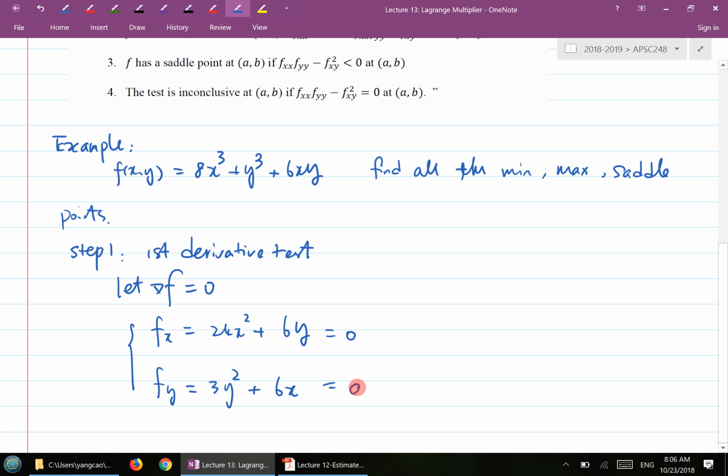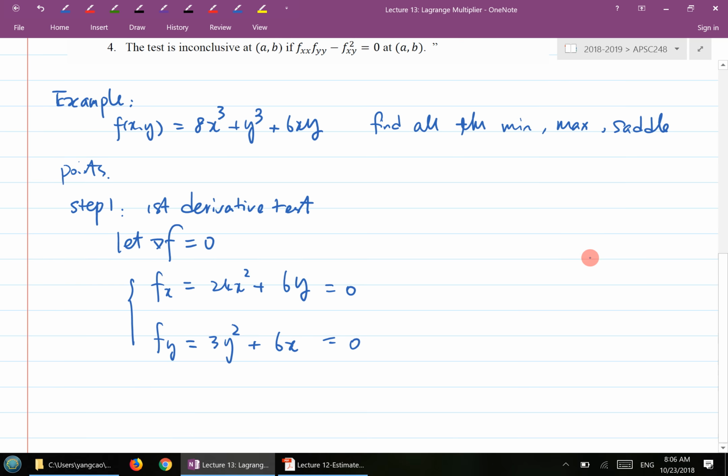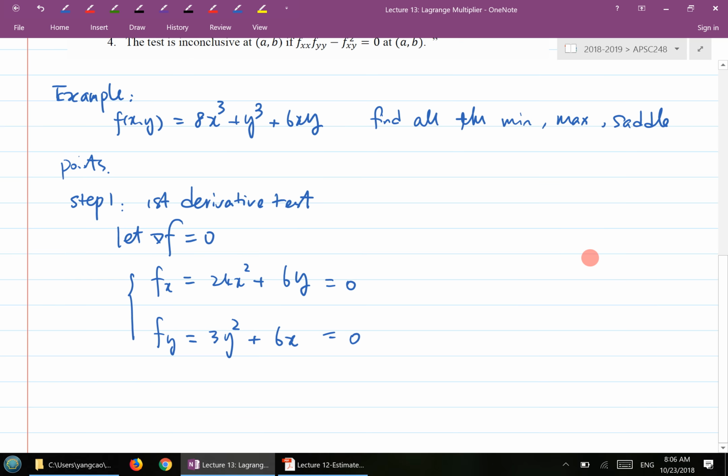Typically, when you solve these kinds of two-variable, two-equation systems, unfortunately you're not going to have two linear equations. Most of the time you're going to have two nonlinear equations. But substitution is always the fundamental approach to solve this kind of set of nonlinear equations. For example, from the first one, you get y equal to negative 4x squared.